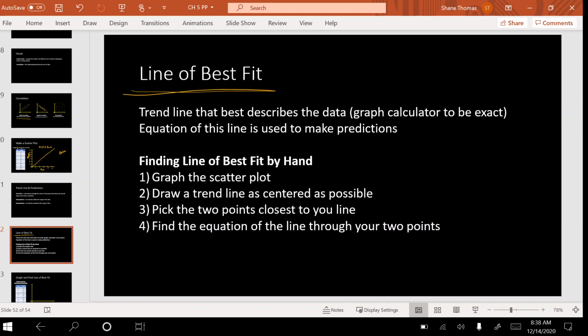So we will not do that. What we're going to do is estimate the line of best fit, graphing the line of best fit by hand. You're going to graph the scatter plot. You're going to draw a trend line as centered as possible. Then, to make the equation of the line, we're going to pick the 2 points closest to the line and find the equation of the line for those 2 points.